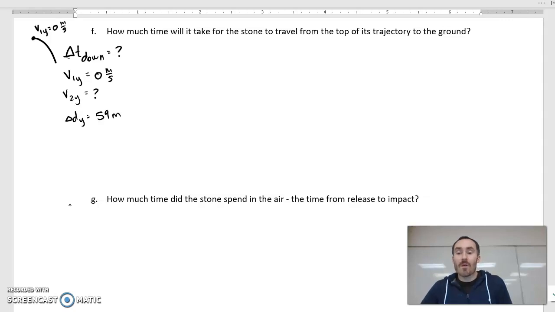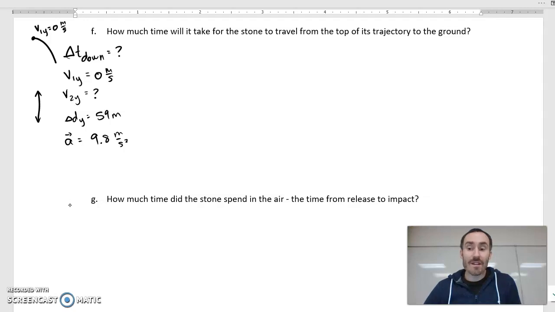We also know the acceleration, and that is 9.8 meters per second squared. And so now we can think about this again. We can rename our directions if we want to, because now everything is happening downward. So we may as well call downward the positive direction and upward the negative direction. Though, if you would rather keep it the way that you had it the rest of the time, you are welcome to.